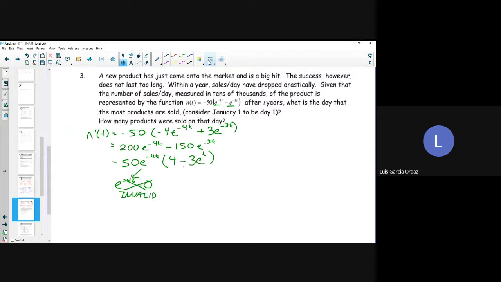And I get 4 is equal to 3e to the power of t. Divide both sides by 3. So I get 4 over 3 is equal to e to the power of t. And to get my t value, I just have to take the ln of both sides. So I get t is equal to ln of 4 over 3.